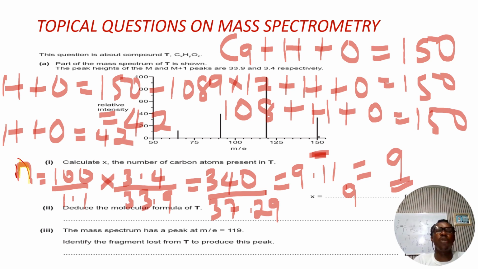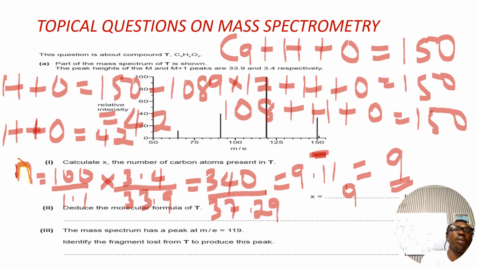We can pick 2 atoms of oxygen, which is 32. 16 times 2 is 32. So 42 minus 32 is equal to 10. So we have 10 left. So the 10 will be given to hydrogen.